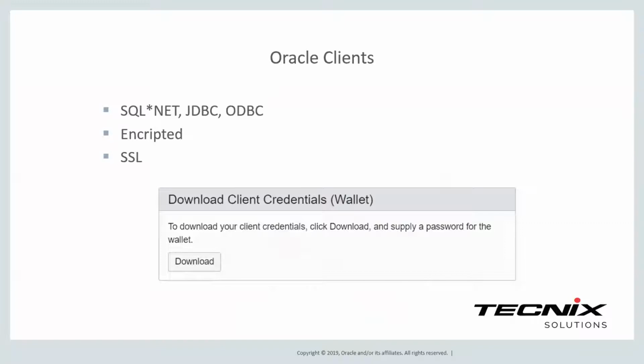And the connection is encrypted with SSL. We have to download the credentials that are available after we provision our first database. When we provision the database, we can download the credentials to use to connect from the client to the Autonomous Database.